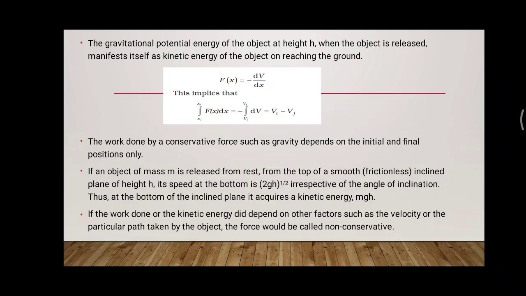Irrespective of the angle of inclination, the bottom of the inclined plane acquires a kinetic energy mgh. So the kinetic energy value at the bottommost portion, just before hitting the ground, will be equal to the potential energy stored at the highest point, that is half mv squared will be equal to m into g into h.